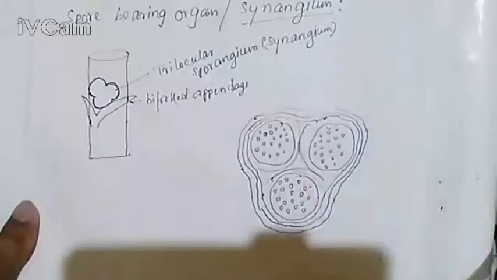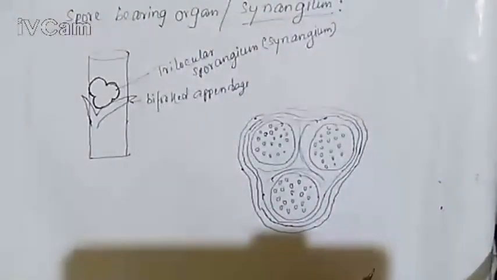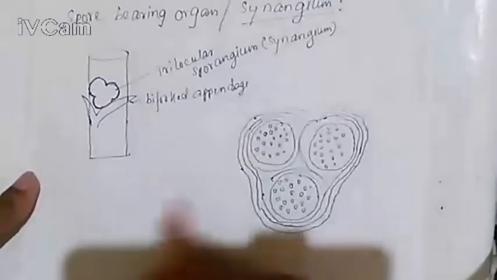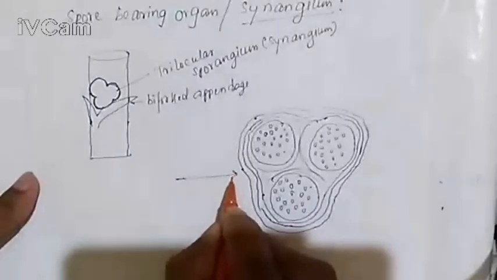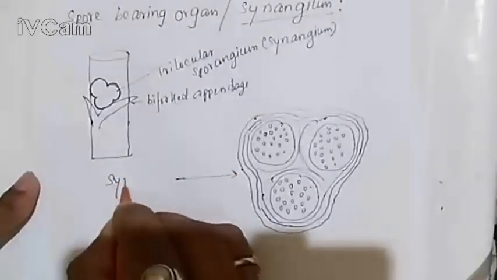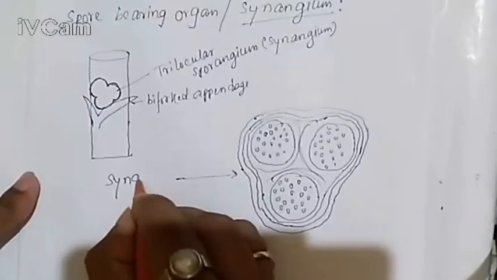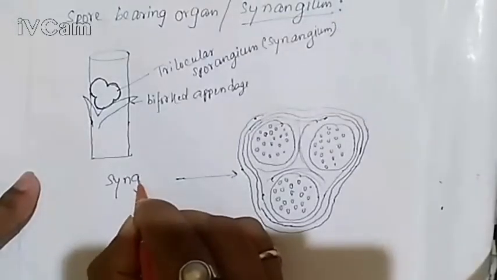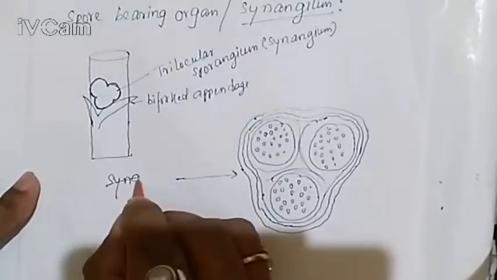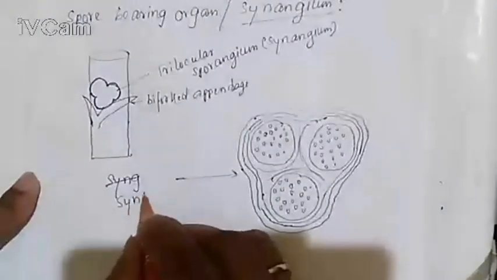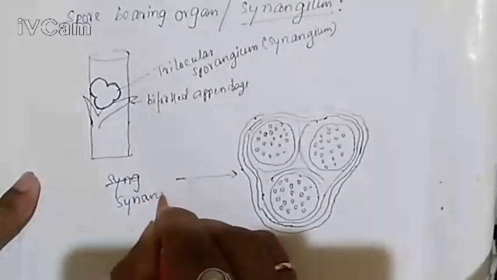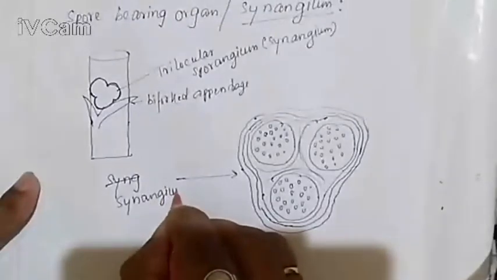In this structure, if you look, there are three separate sporangia. These sporangia are fused within a boundary. So this is called synangium. Syn means fusion.